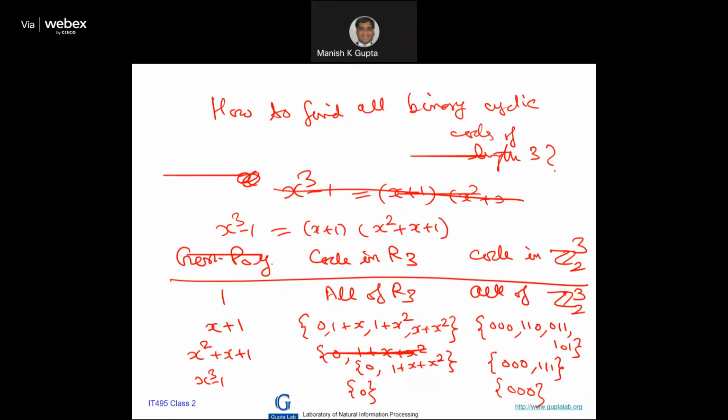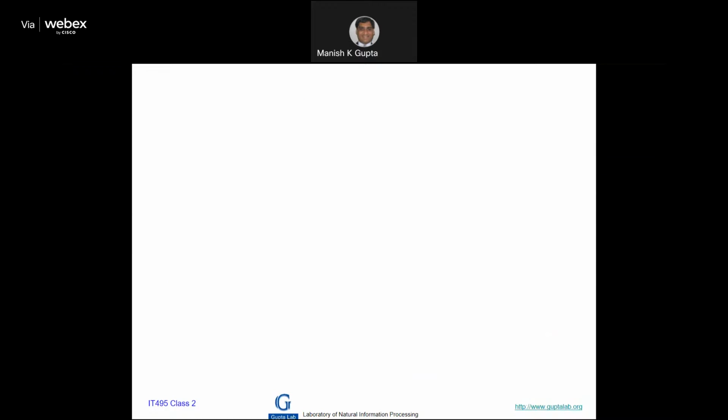I can list down a few other factorizations so that you know what kind of things are there. Factorization of x raised to power n minus 1 and number of cyclic codes.